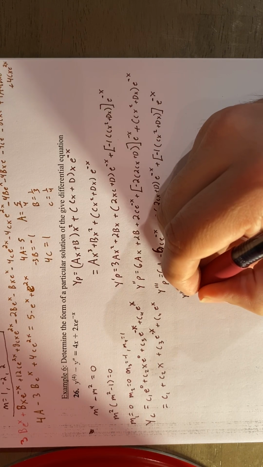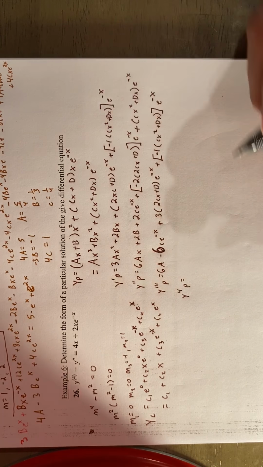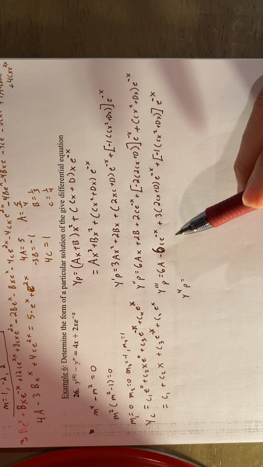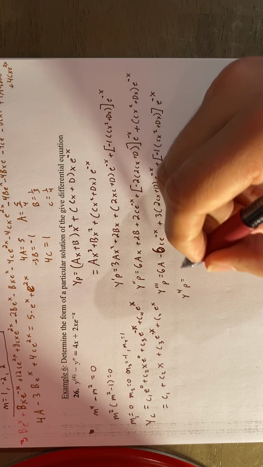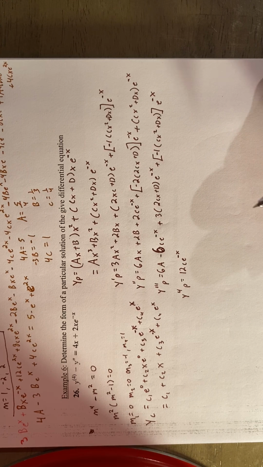Then doing the fourth derivative, the 6a is going to go away. When I work on this, I'm going to end up with 12c e to the negative x.